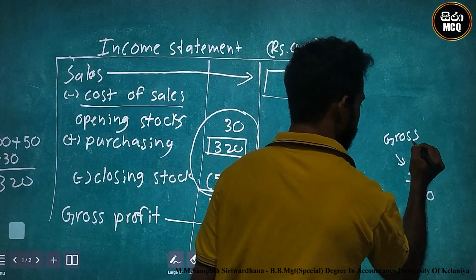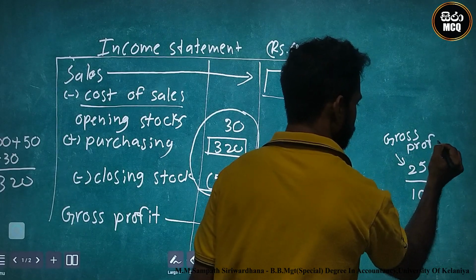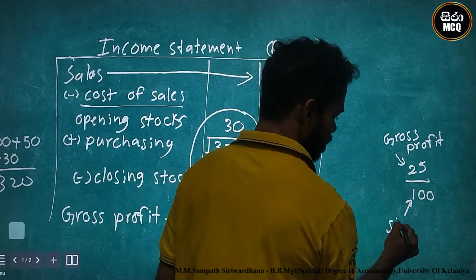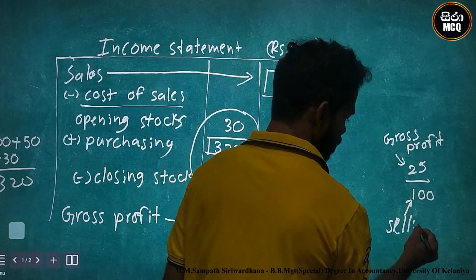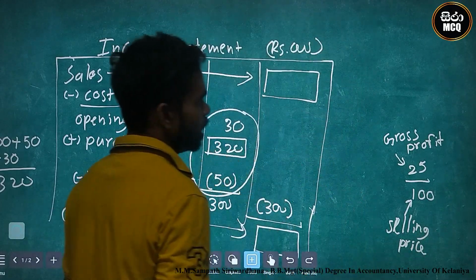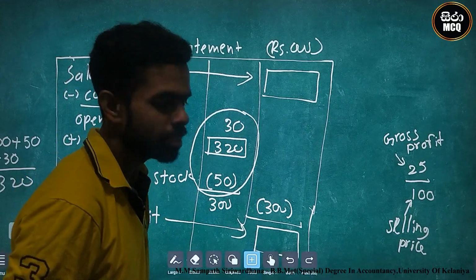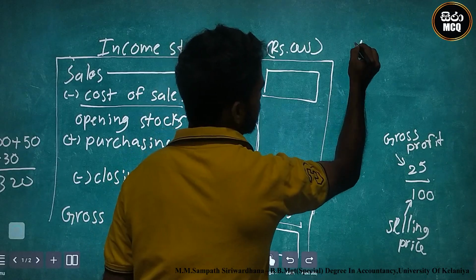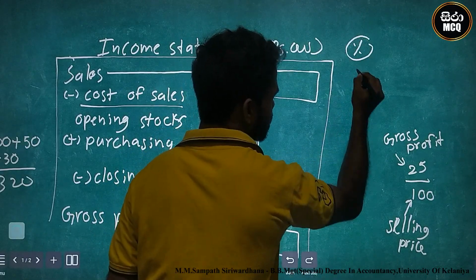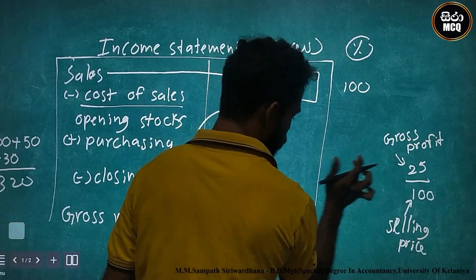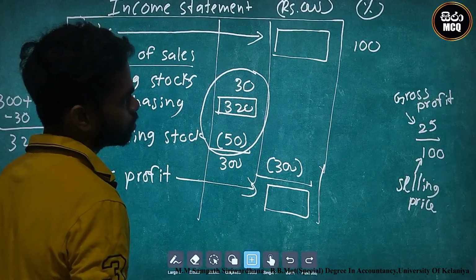Gross profit. On selling price, this is the 100, 100 is selling price. Okay, at this point, what is the selling price? Selling price is this one. I write the percentage. 100 is selling price. 25 is gross profit.